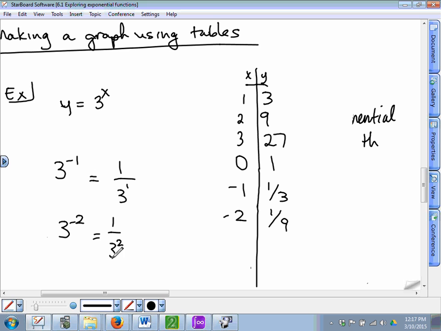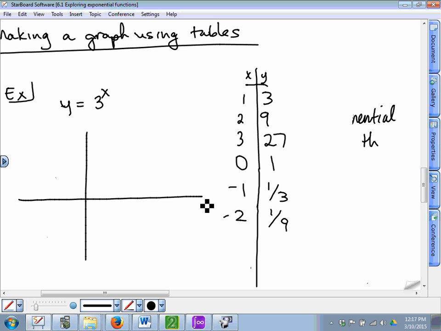This is all stuff you should have learned previously. But anyway, we have enough points to draw a graph. Draw your graph. Plot the points. You have 0, 1. You have 1, 3.